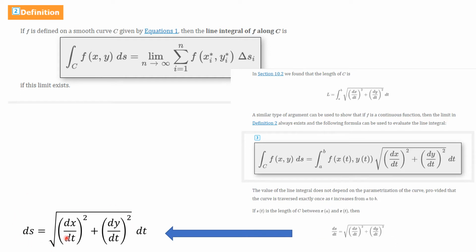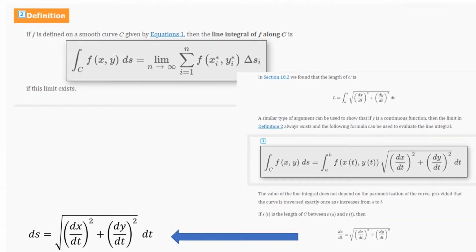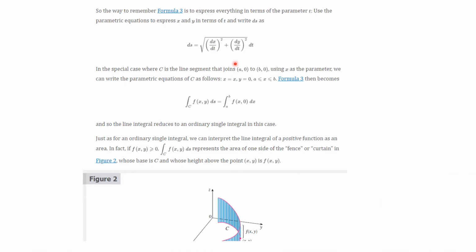That means ds is equal to this factor, the square root of dx dt whole squared plus dy dt whole squared, and the square root of all that times dt. So that is an arc length factor that is there, and so we have an equation for evaluating this.